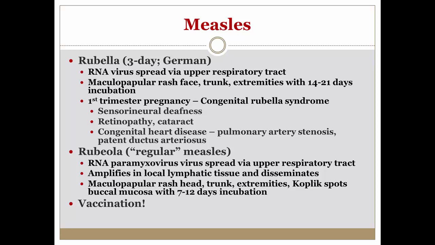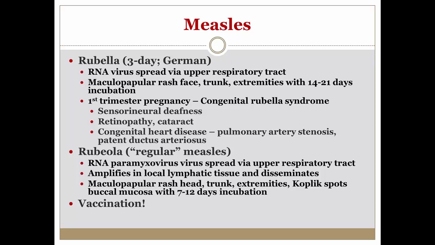One of the essential pieces to remember about rubella infection is if a mother has a rubella infection, has the 3-day measles during pregnancy in the first trimester, she is at very high risk for congenital rubella syndrome. Congenital rubella syndrome is a constellation of defects that occur in the infant of the mother who had rubella during the first trimester of pregnancy.